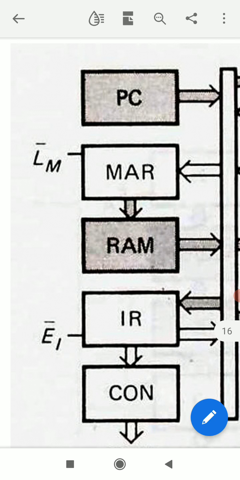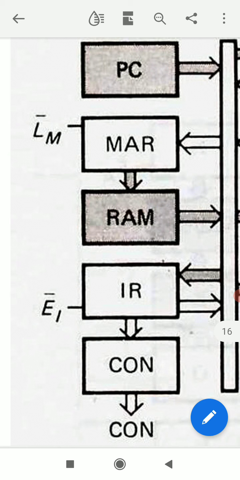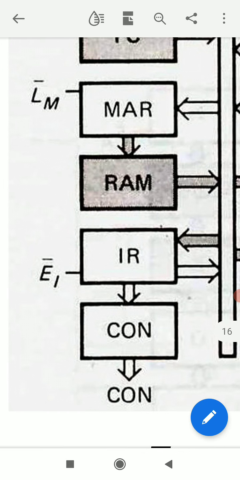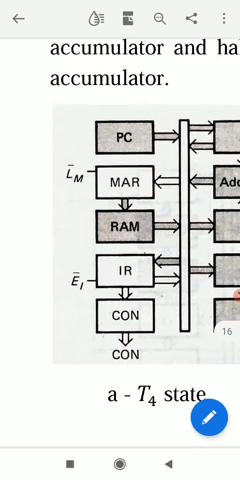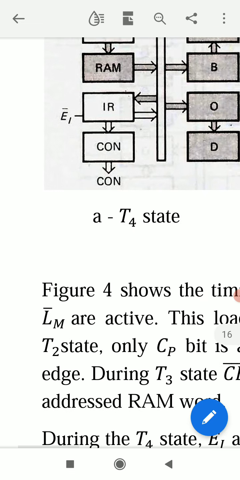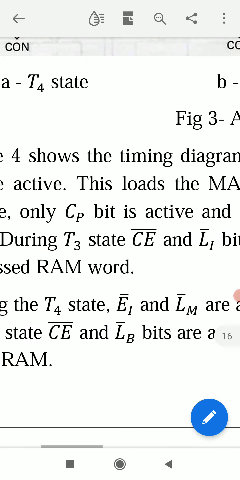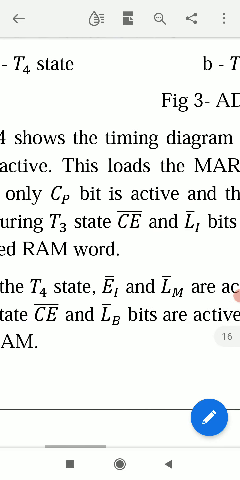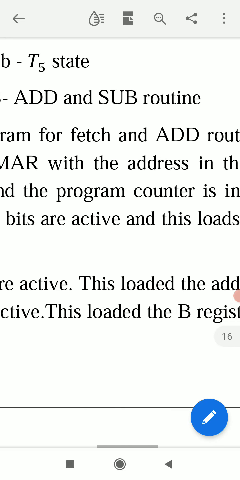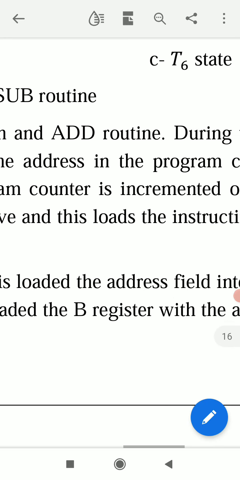So during T4 state, the active bits are LM bar and EI bar, and active parts are these 3 blocks MAR, IR and CON, controller sequencer. Figure 4 shows the timing diagram for fetch and add routine.